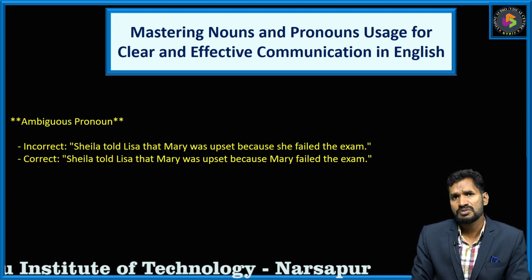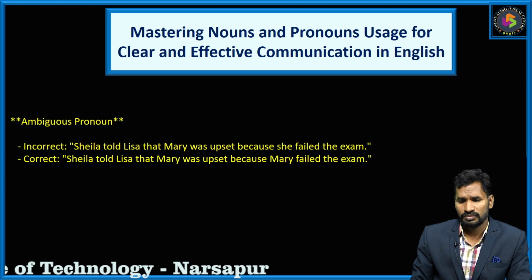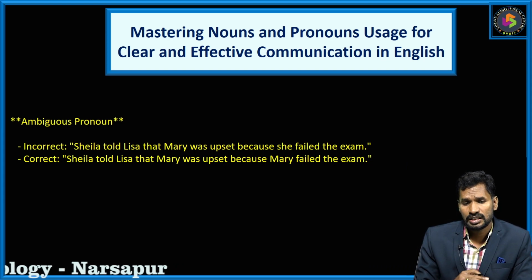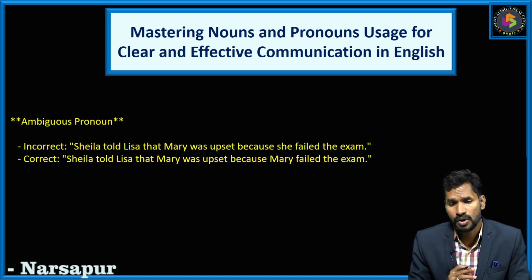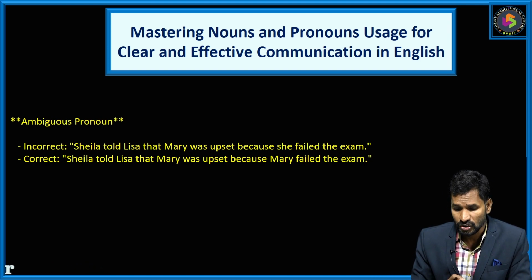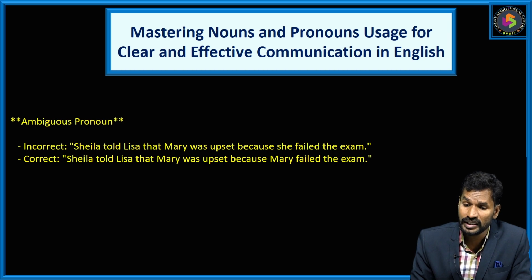So ambiguous pronoun references can cause confusion. The incorrect example: "Sheila told Lisa that Mary was upset because she failed the exam." Should be corrected to "Sheila told Lisa that Mary was upset because Mary failed the exam."